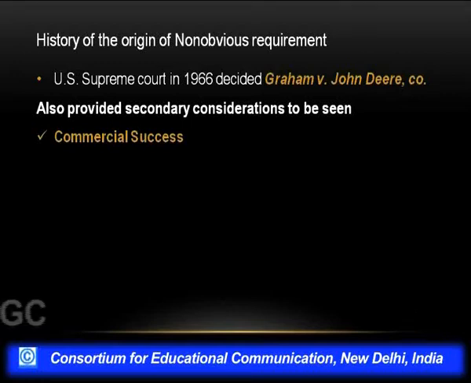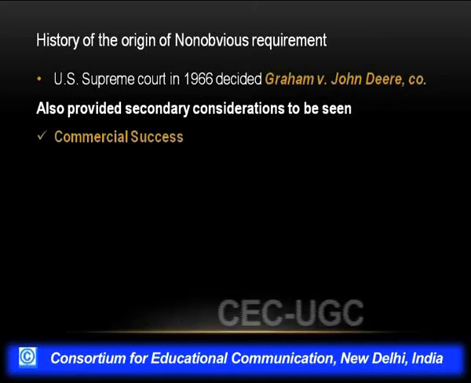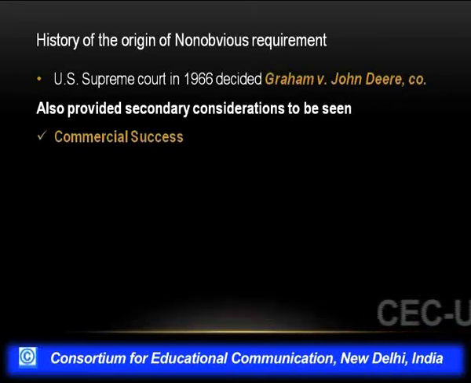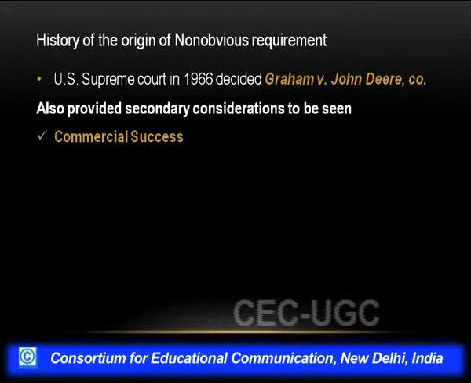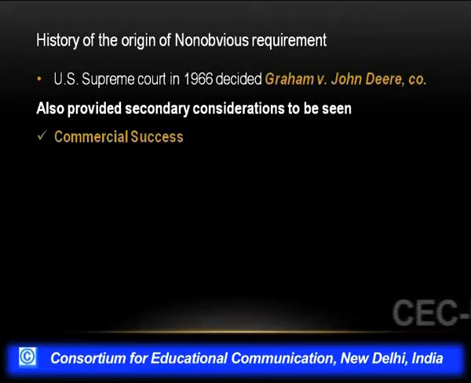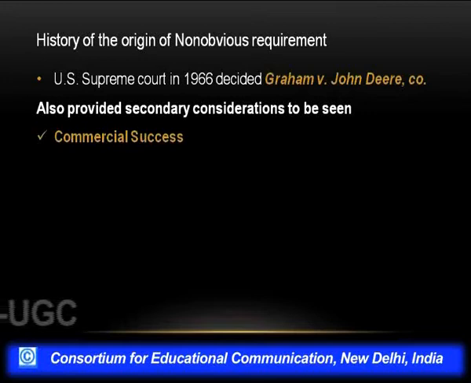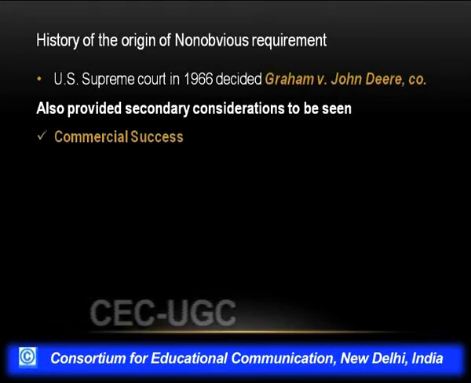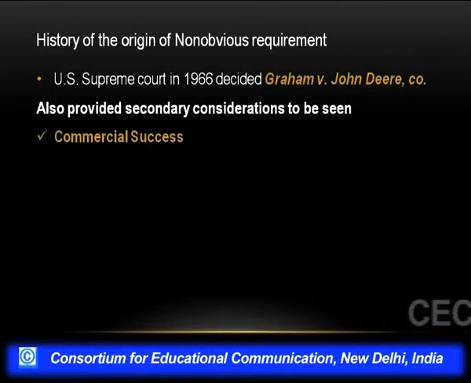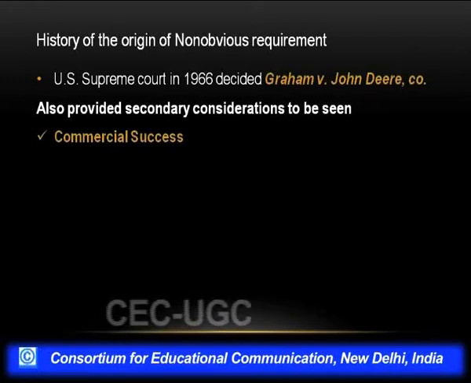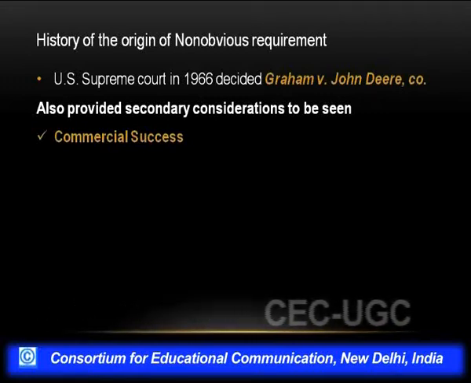1. Commercial success. If somebody's invention is commercially successful, then in that case it may be termed as non-obvious. Apart from applying the earlier or preceding tests, some factors called secondary factors or considerations can also be applied to determine whether the work is non-obvious or not.